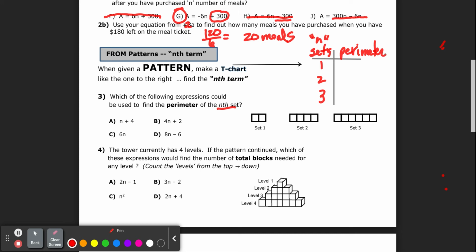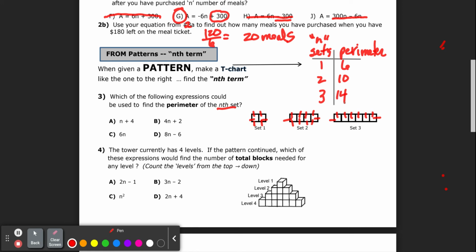In set 1, we have 1, 2, 3, 4, and then 2 ends, which makes 6. On set 2, we have 1, 2, 3, 4, and another 4, which makes 8, 9, and 10. And then set 3, we have 1, 2, 3, 4, 5, 6, and 6 makes 12, 13, and 14.